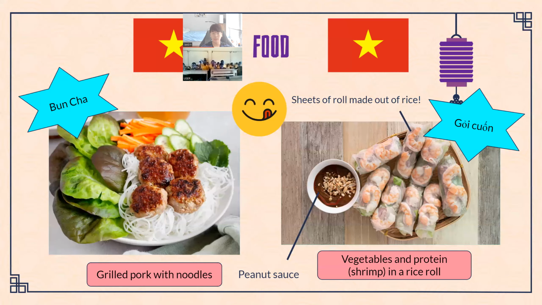I'll talk about the rice later, since there are also rice noodles. So these are basically wraps made out of rice, and inside they contain shrimp and vegetables. People dip it into this sauce, which is a peanut sauce, and it's very good. I've tried it before, and it's really, really good.